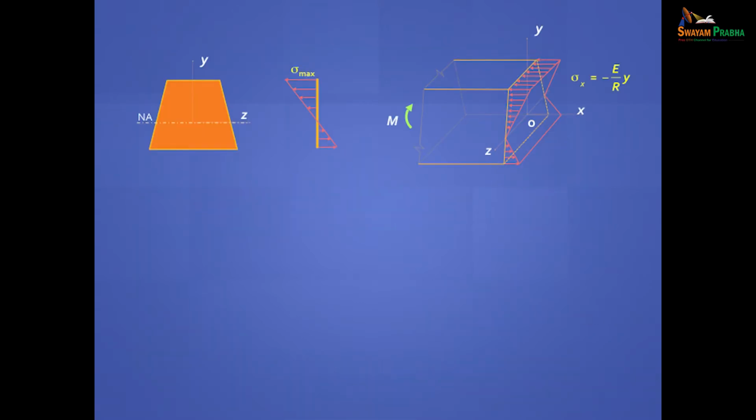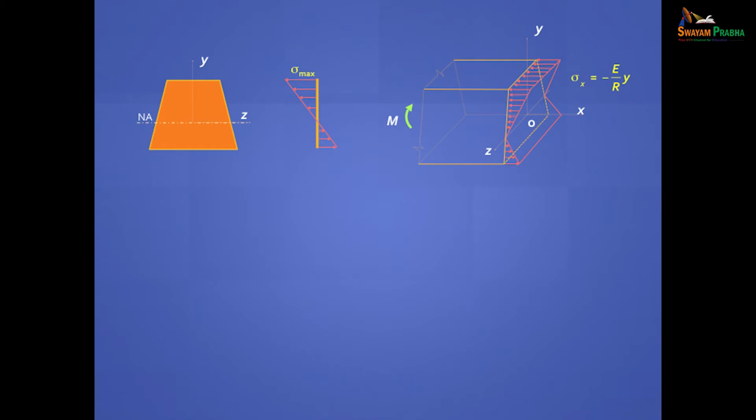Why is the centroidal axis the neutral axis? So let's give it a three-dimensional look. We are able to reduce this cross section to one point here in the line element because of certain assumptions. One assumption we make is that at any distance y, all the deflections are the same.